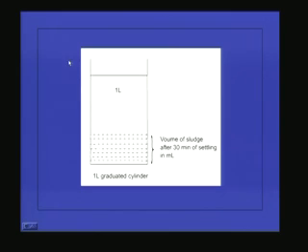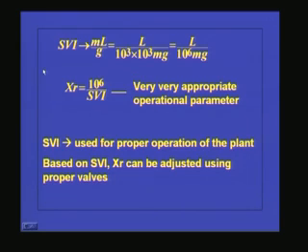Then we find out the concentration of the MLSS by filtering and taking the dry weight. So we will know the volume occupied and the weight of the MLSS, and from that we can find the volume occupied by unit mass of sludge. This is the SVI, and the unit is milliliters per gram, that is, liters by 10 raised to 6 milligrams.